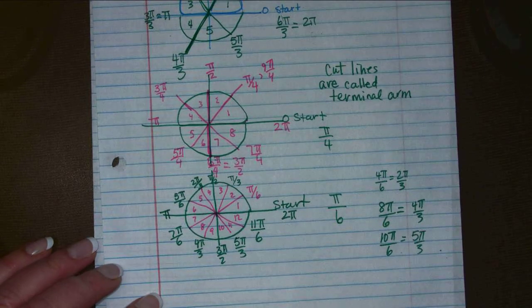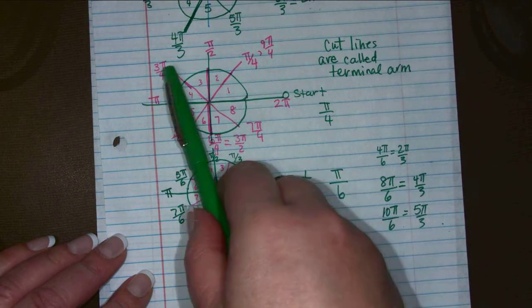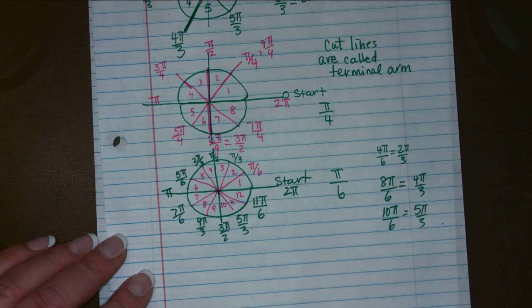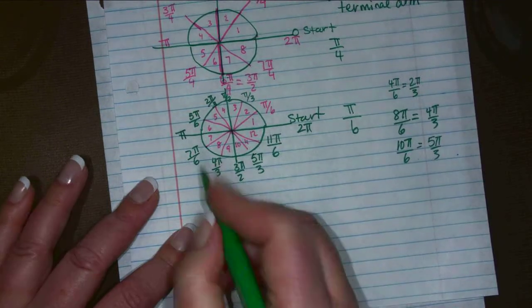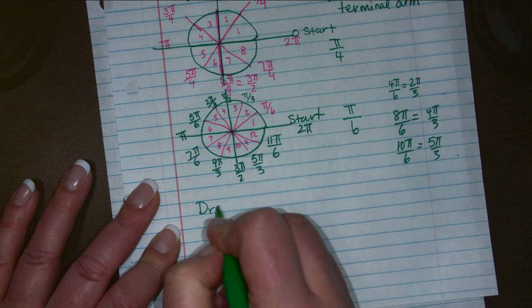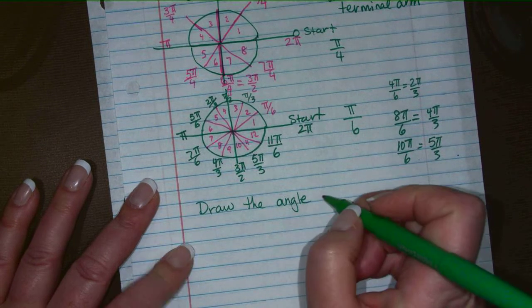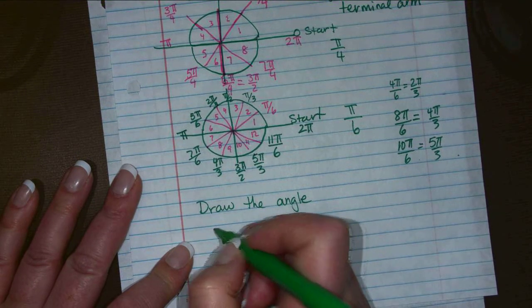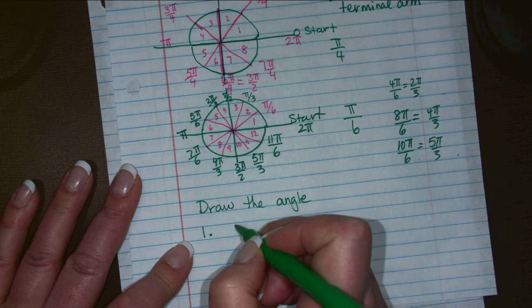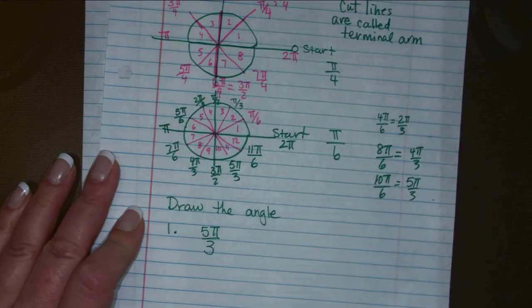Okay, so what I'm going to do is put a random angle, and we're going to draw it without all the other ones in there. So we are going to draw the angle. So we'll just sort of start with one we already have.